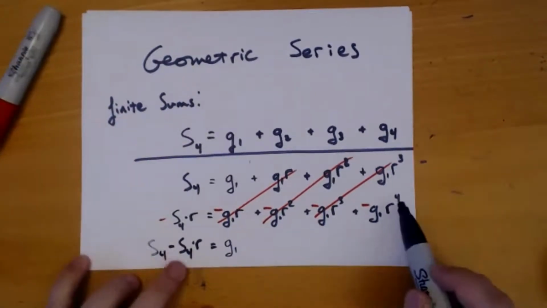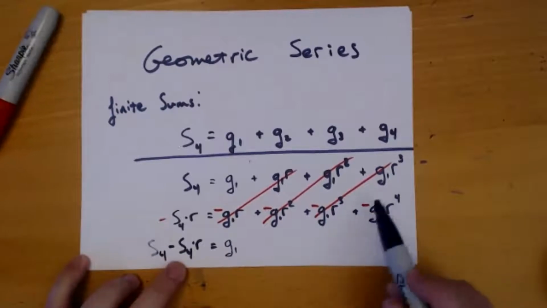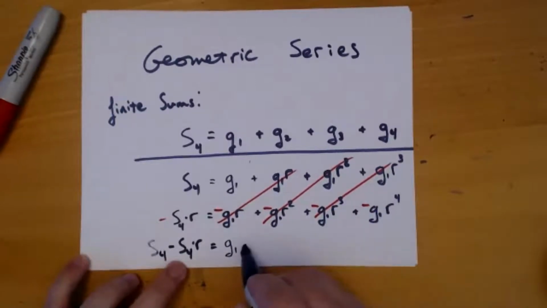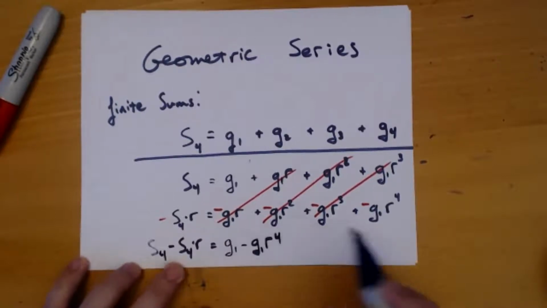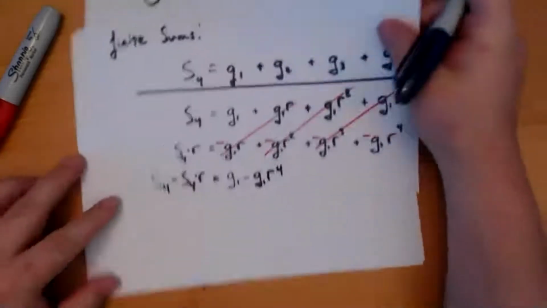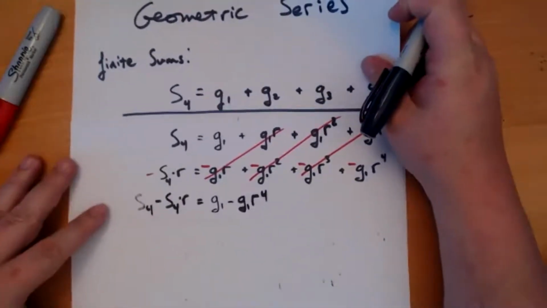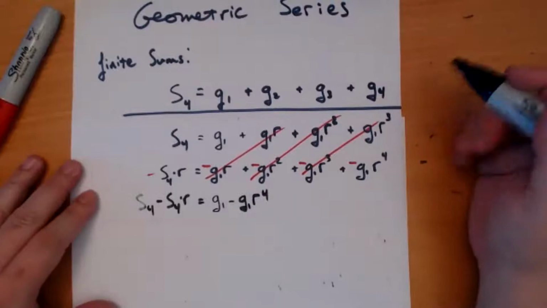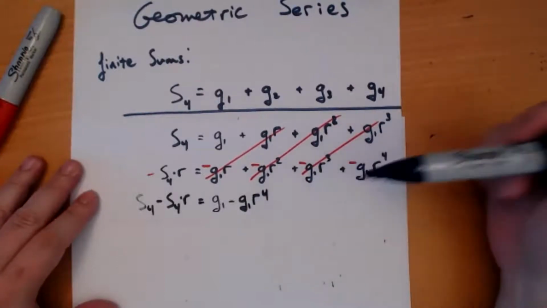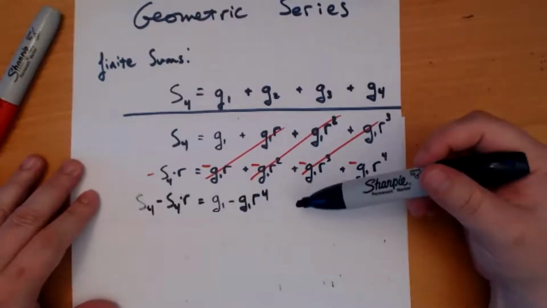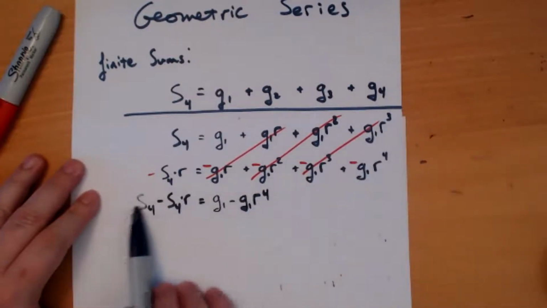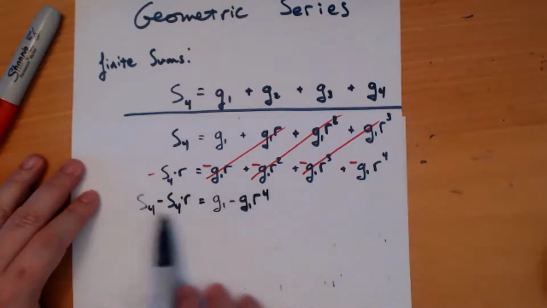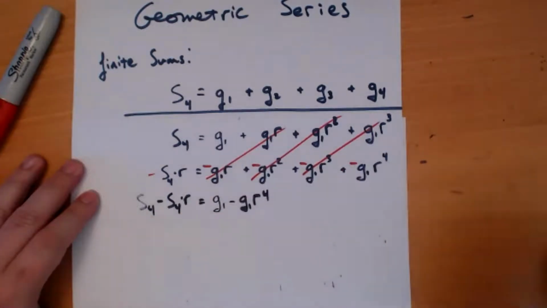And all that's going to be left is this last fellow right here. So before we go any further, I want to make sure that everybody sees this cool little trick that we did in order to come down to this. We're not done, but this is a simpler equation. It's simpler because it doesn't have like 100 terms on it, right?